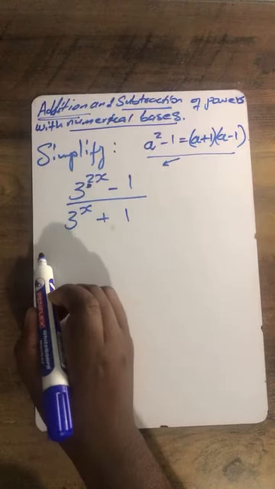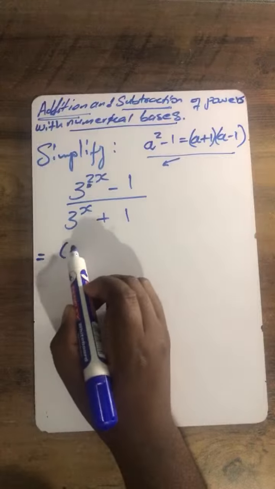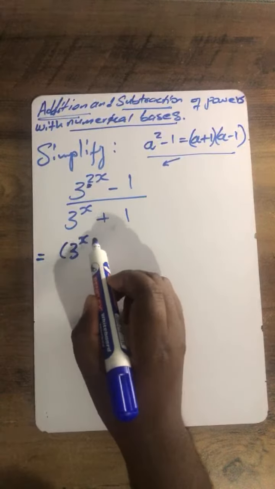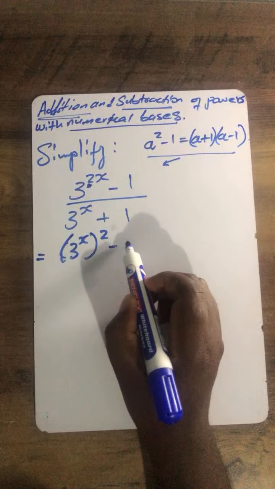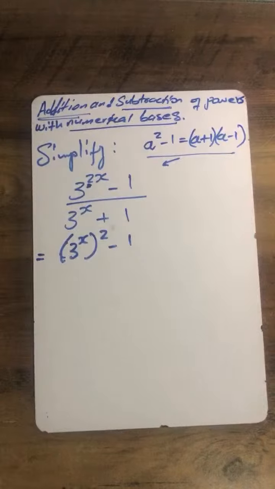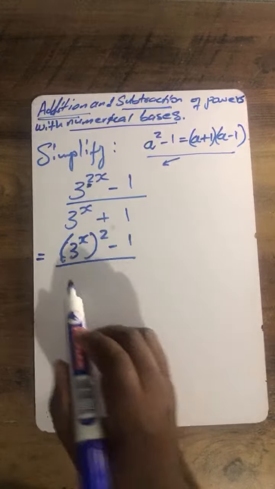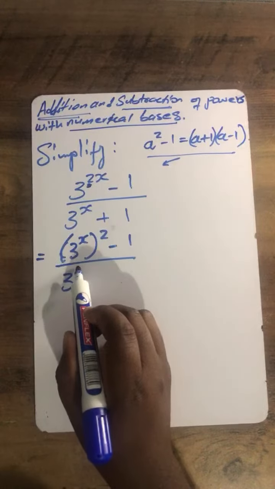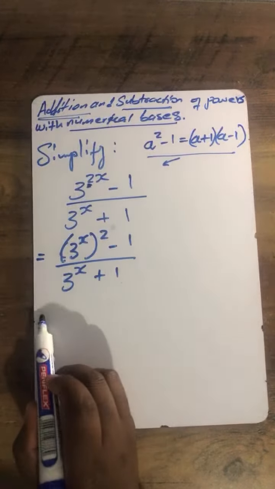So that means you will firstly need to rewrite that nicely. What do I mean by nicely? You can say 3 to the power of x, and then you say squared, you have minus 1. Just says my battery is on 20%. Okay, hope it won't kick me out. So let's say now 3 to the exponent x plus 1.